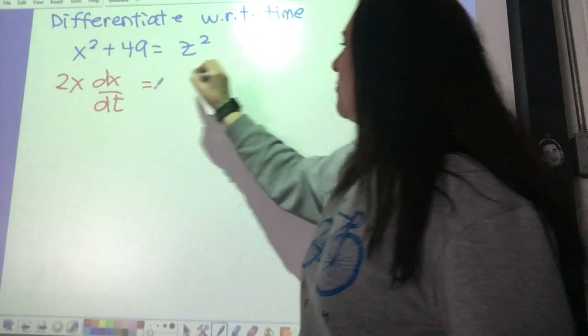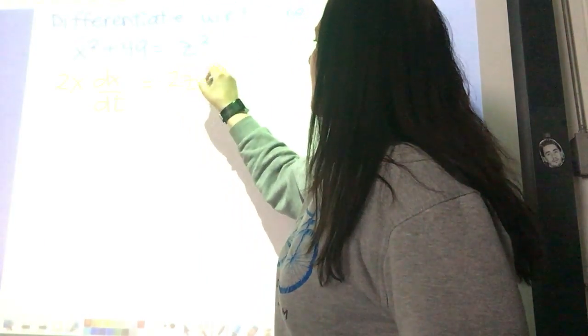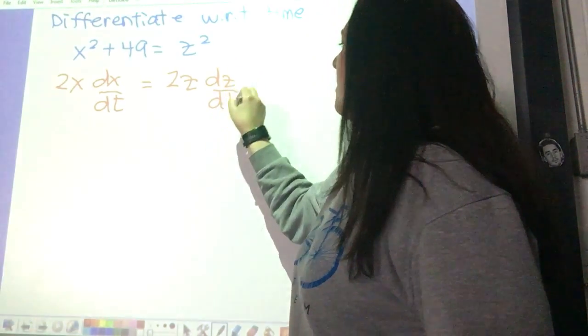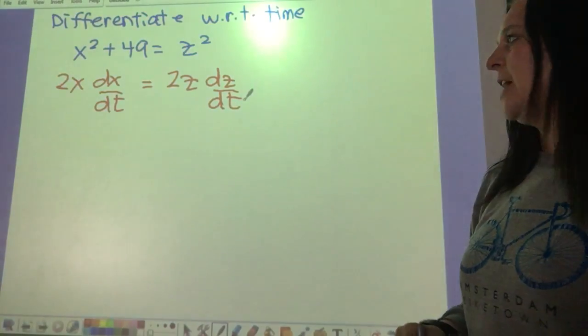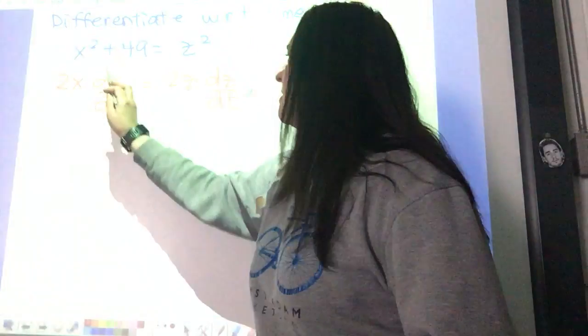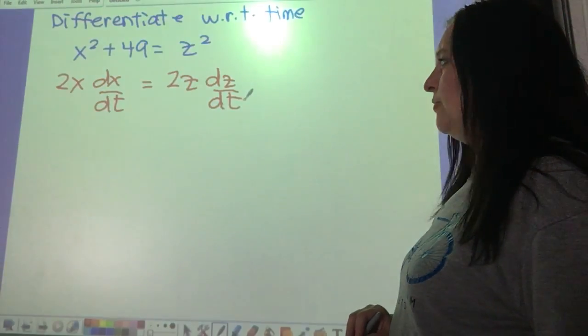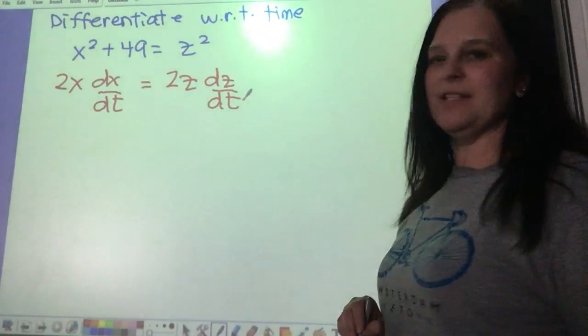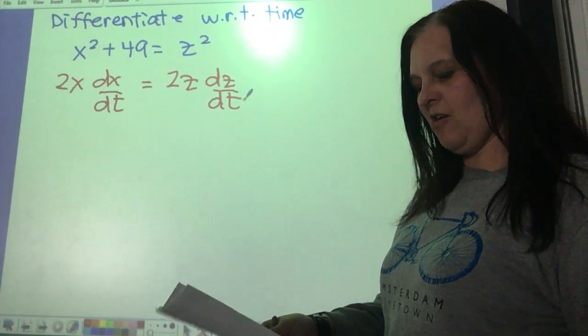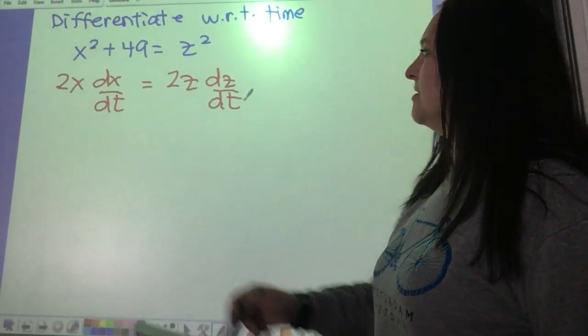The derivative of z squared is 2z, and then remember it's implicit differentiation. Last unit we would have put x prime, z prime. Now we're just using this notation with our related rates problems. Okay, does anyone remember what we are asking to solve in the question? We are trying to solve for dx over dt.